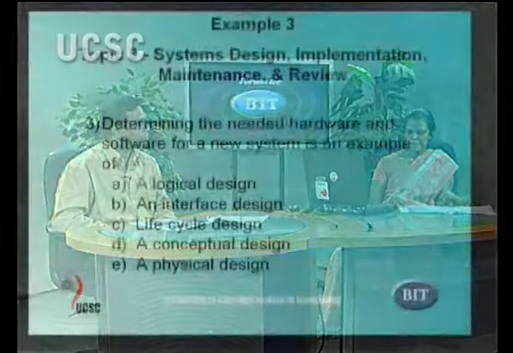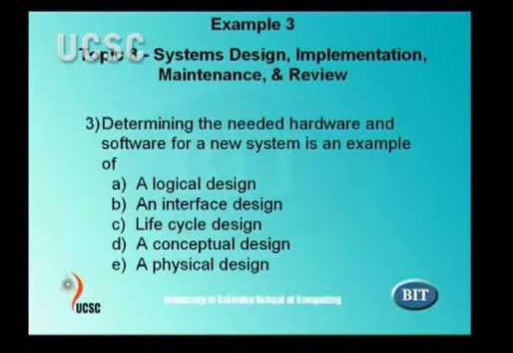We move into the third example. The question is: determining the needed hardware and software for a new system is an example of what? Now here there is logical design. A logical design gives a description of the functional requirements needed for a system.